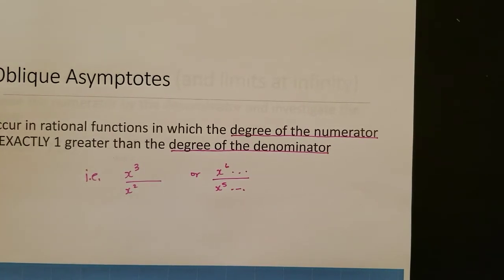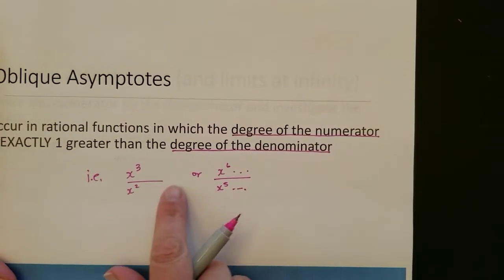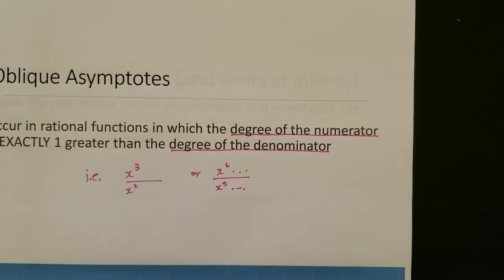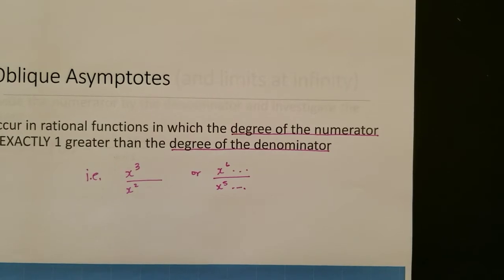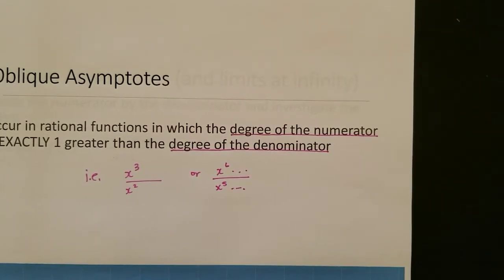More interesting stuff might happen with small values of x, but as x gets really, really big, the other terms don't matter so much. And what's actually going to happen is that the shape of this function will become essentially linear. And that's what our slant or oblique asymptote really is doing.